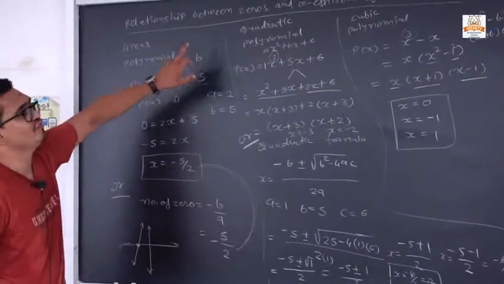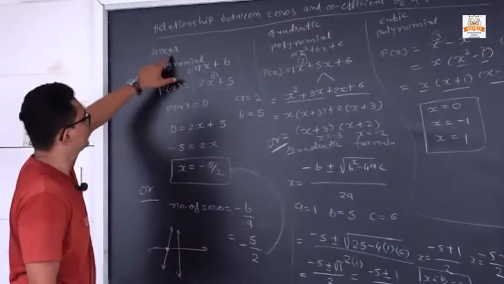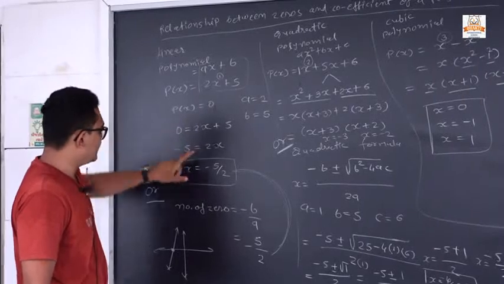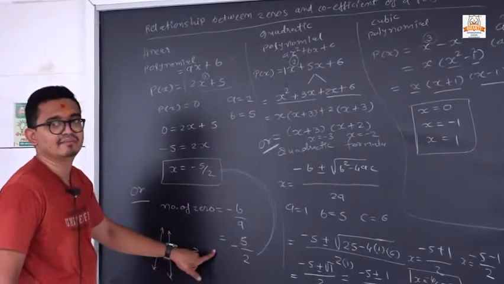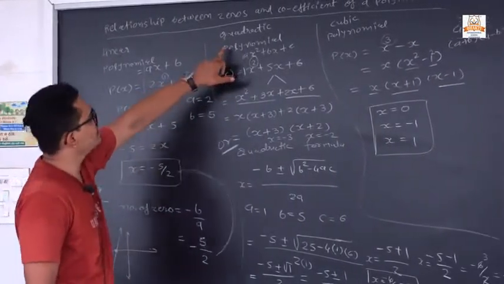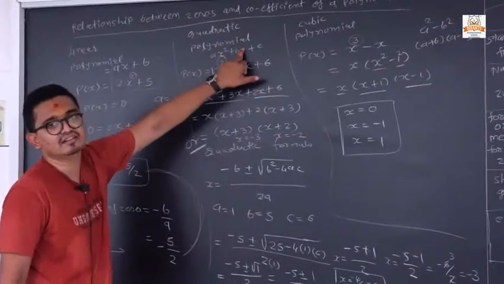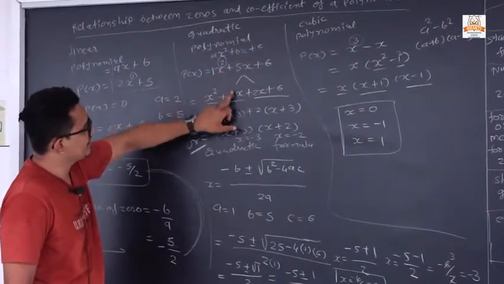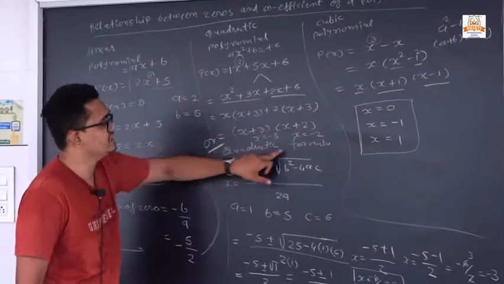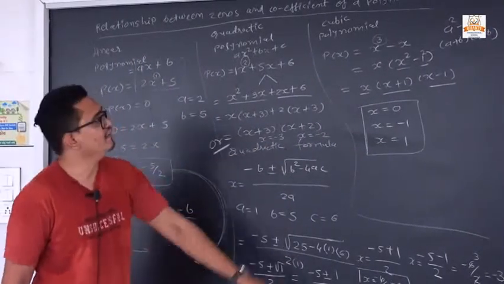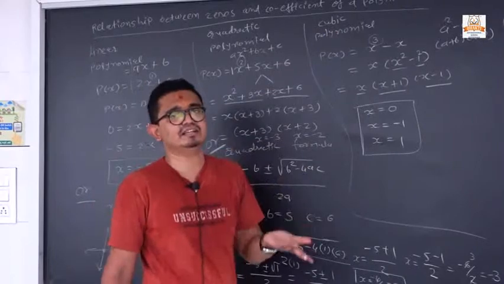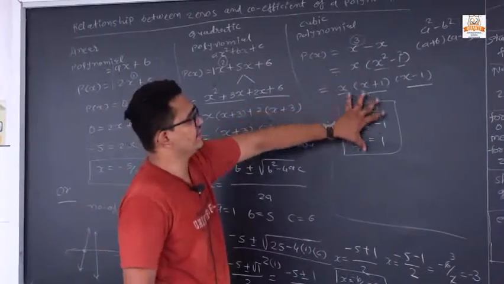So from all this discussion, you need to remember two things. If we want to find the zeros of a linear polynomial, we have one direct method and one direct formula. If we want to find the zeros of a quadratic polynomial, first there is factorization and second the quadratic formula. And for a cubic we don't have any direct method, but we can factorize it.